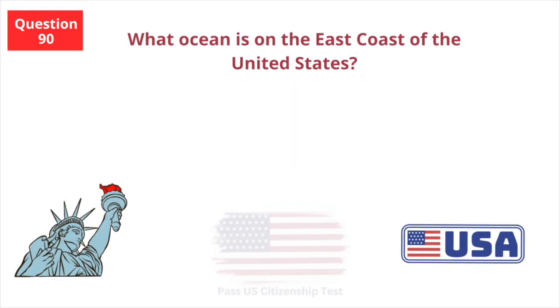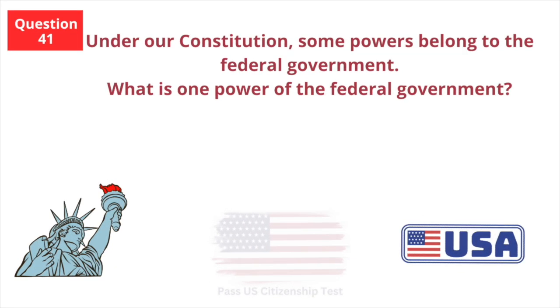What ocean is on the east coast of the United States? Atlantic Ocean. Under our Constitution, some powers belong to the federal government.